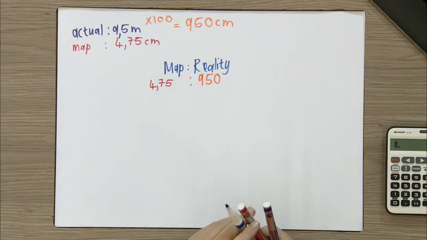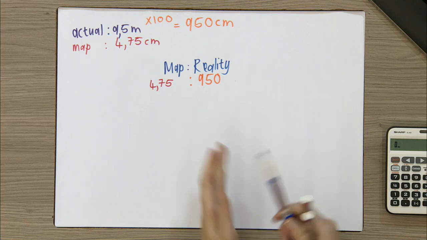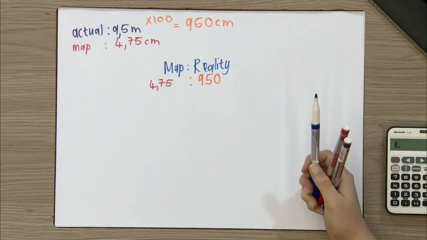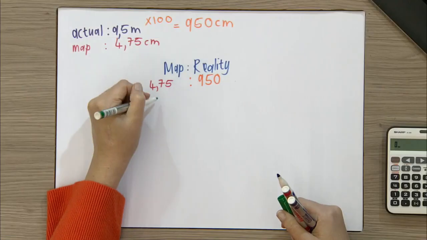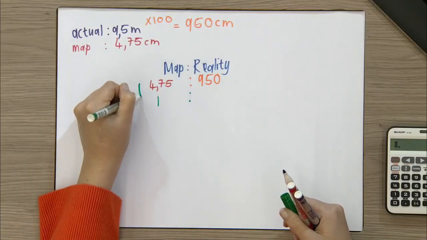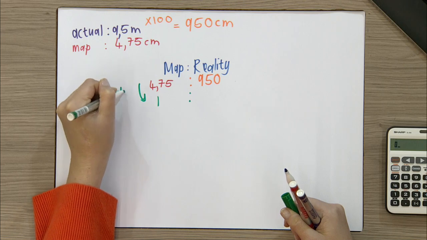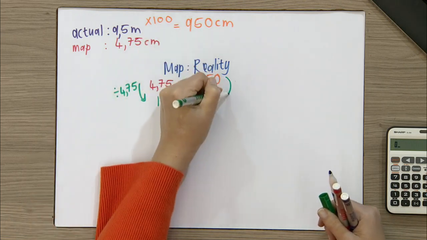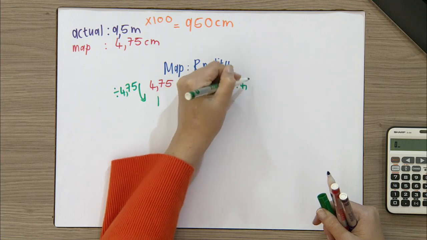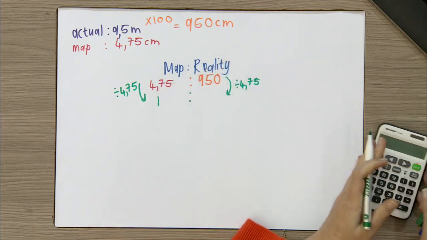And now that I have this, we go back to the question. The question actually says, determine the scale in the form 1:2. So in a unit form. So how am I going to go from 4.75 to 1? I know I will need to divide by 4.75. And if I do it on the left-hand side, I must also do it on the right-hand side.